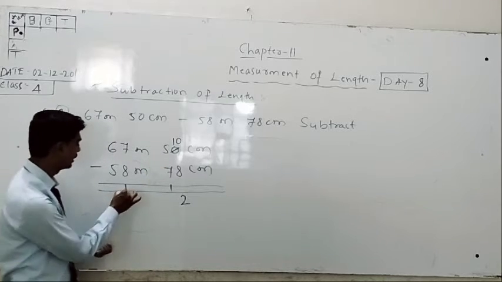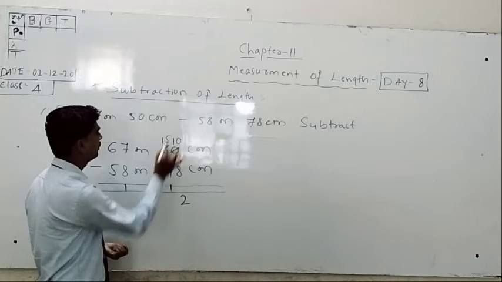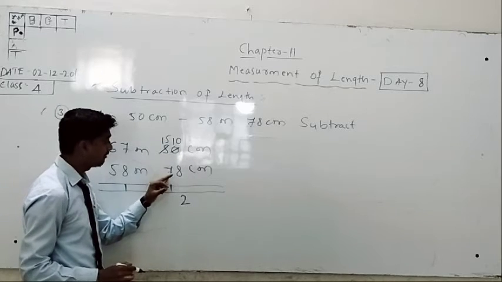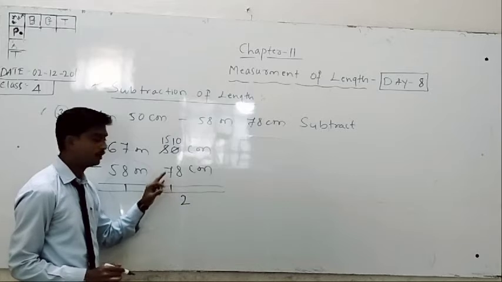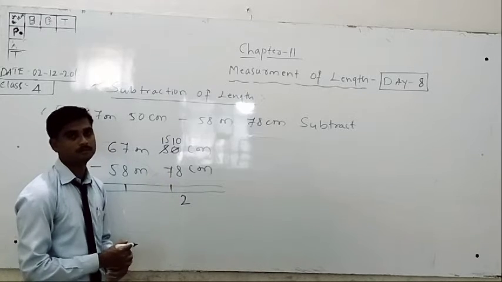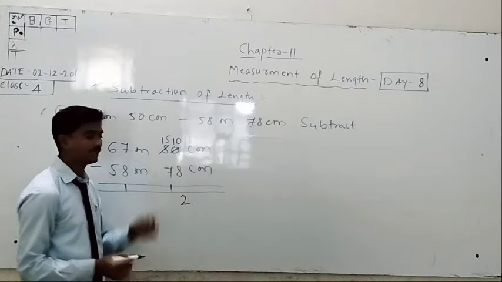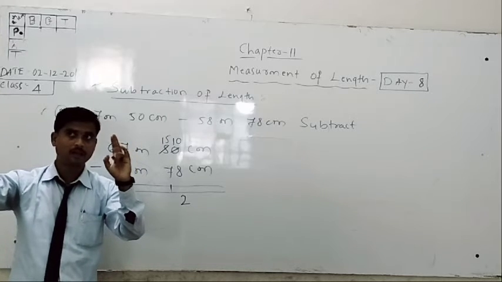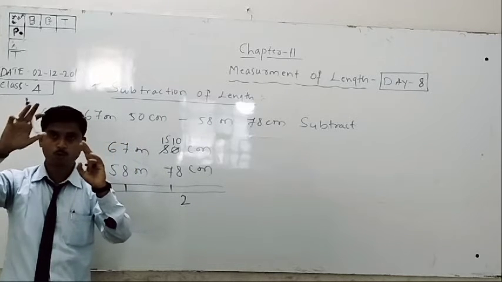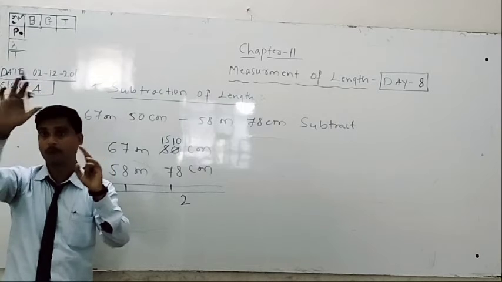Then again you take a borrow. It is 15. 15 minus 7 plus 1, because already 1 borrow was given, so 7 plus 1 is 8. Then 15 minus 8: 8 plus 2 is 10, then 10 plus 5 is 15, so 5 plus 2 is 7.